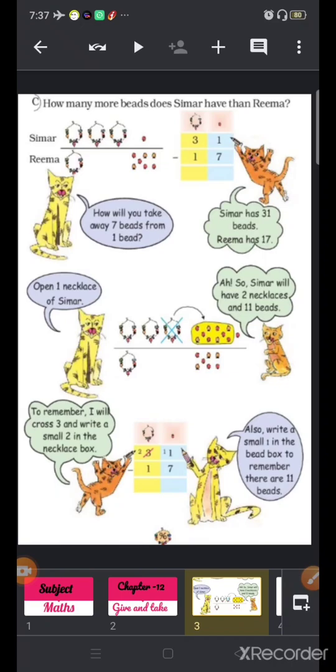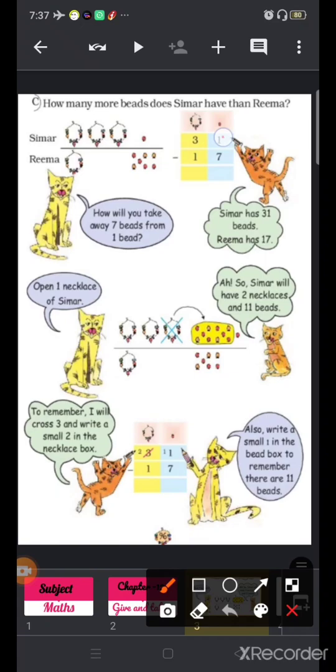So let's subtract. What is given here? The number is 1 and what is written below it? It is 7. Can we subtract this 7 from 1? No. Can you tell me why we can't subtract?